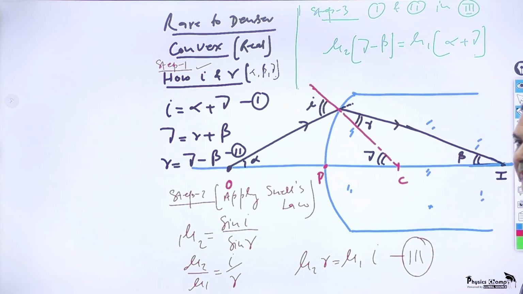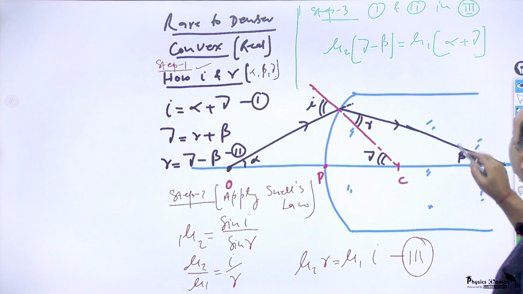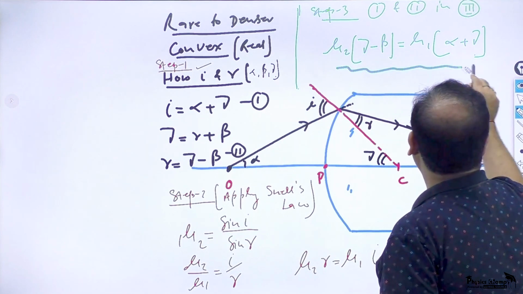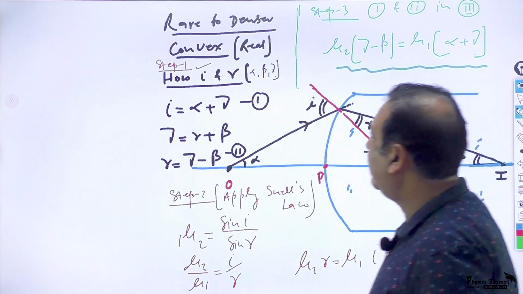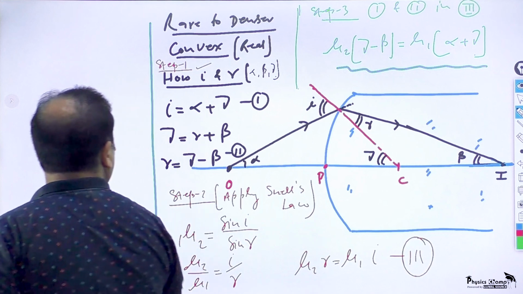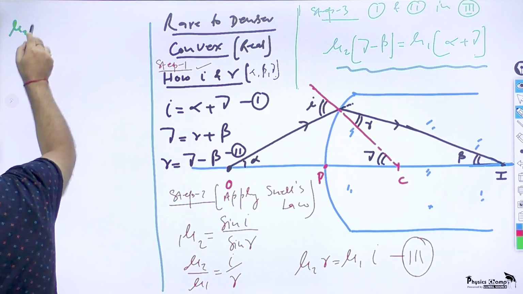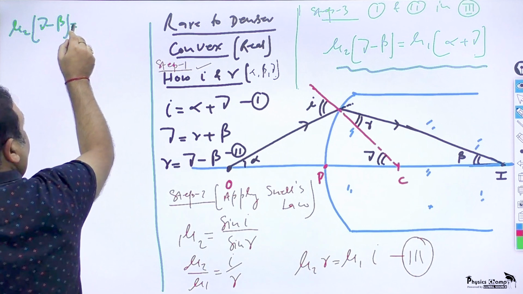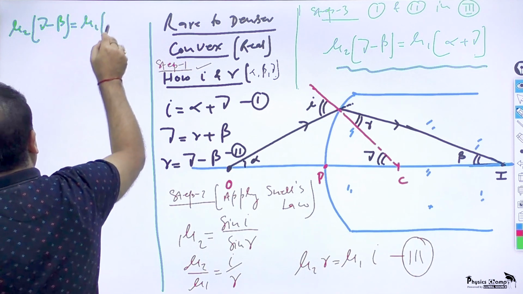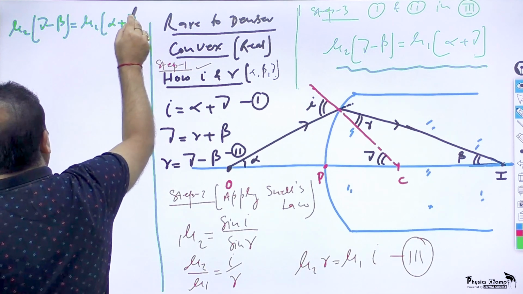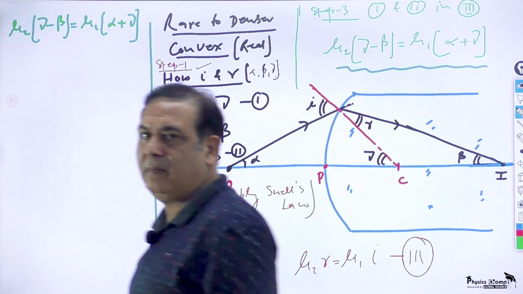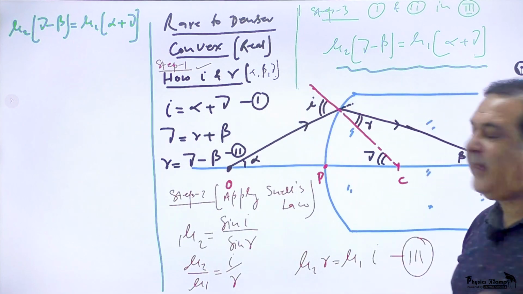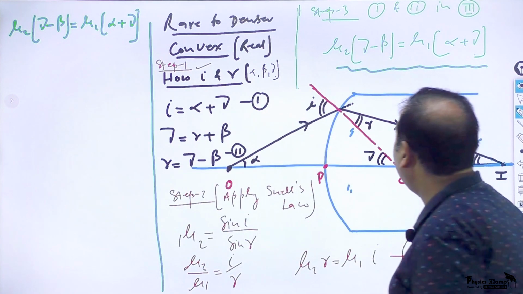So I have this relation mu2 into gamma minus beta is equal to mu1 into alpha plus gamma. I am writing it here, mu2 into gamma minus beta is equal to mu1 into alpha plus gamma. And then we draw a perpendicular.